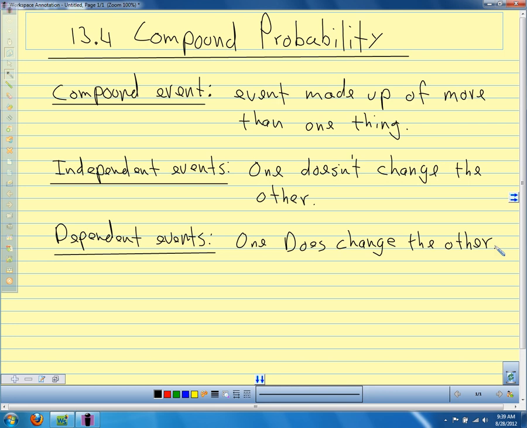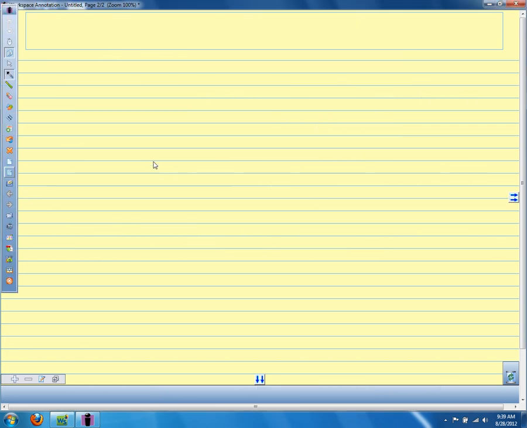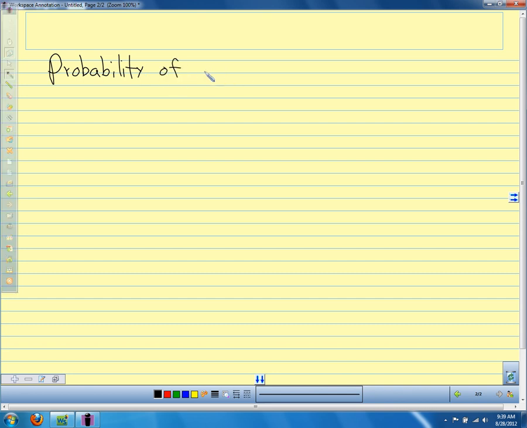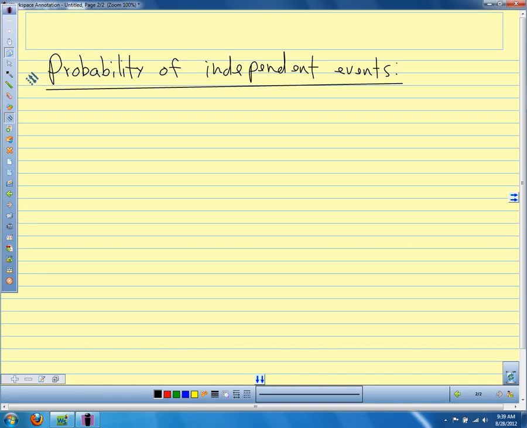So now we need to know how to calculate probabilities. We know what they are. Let's calculate probabilities. So probability of, we'll start with independent events. So we're going to say our two events, A and B, are independent.